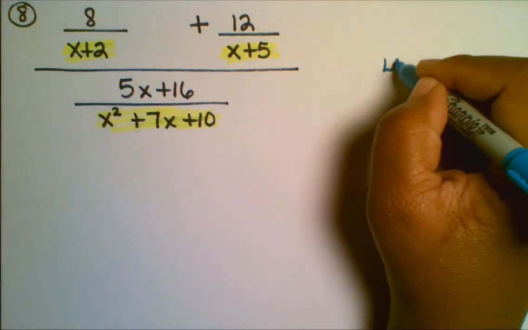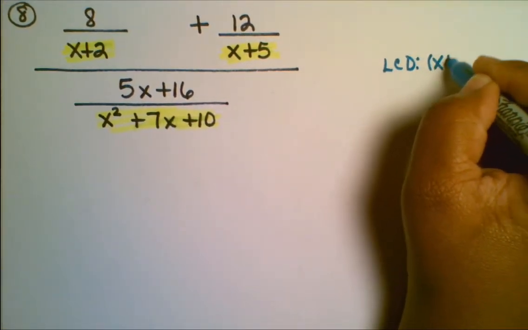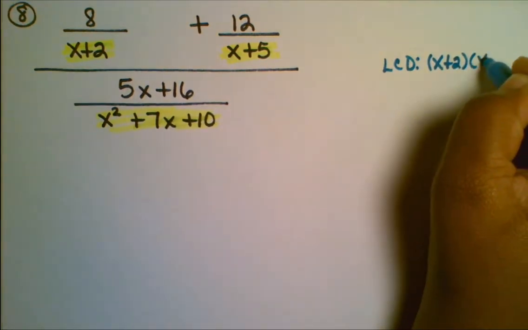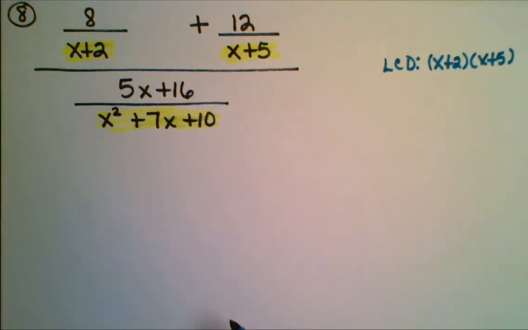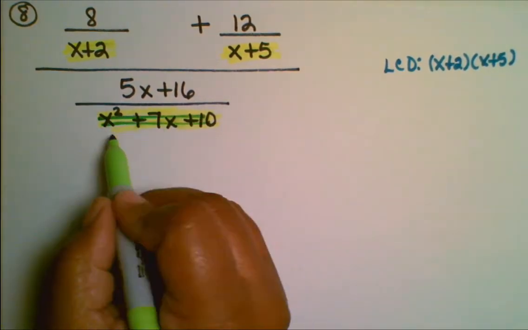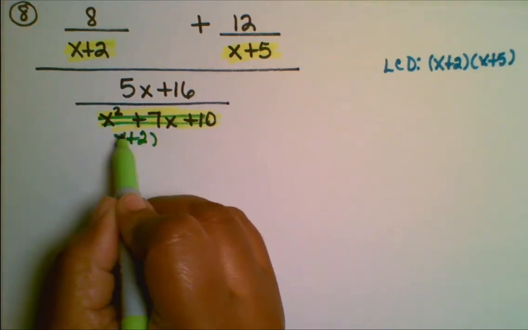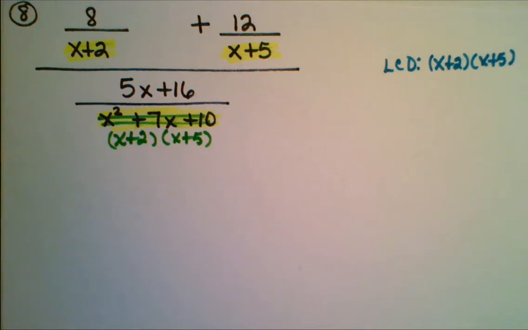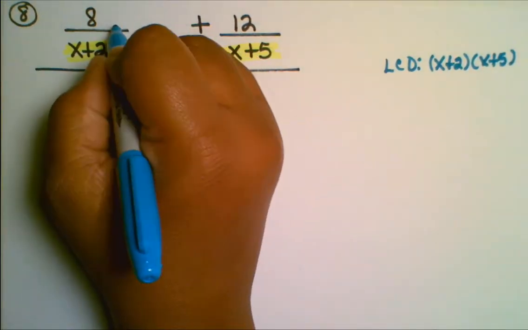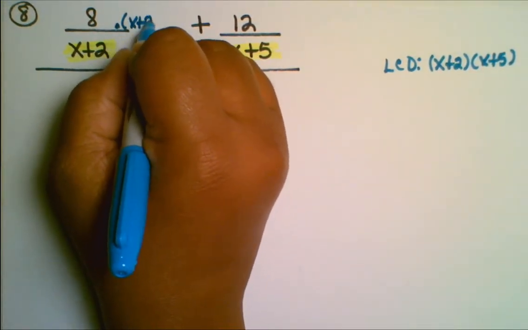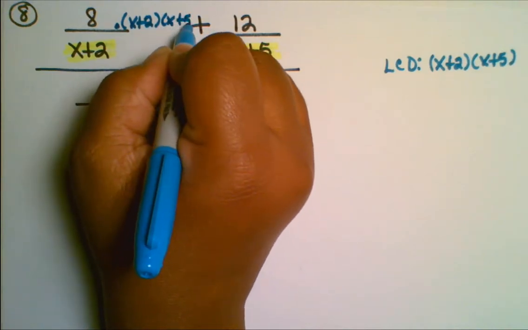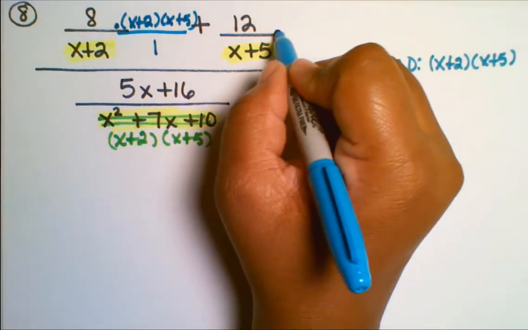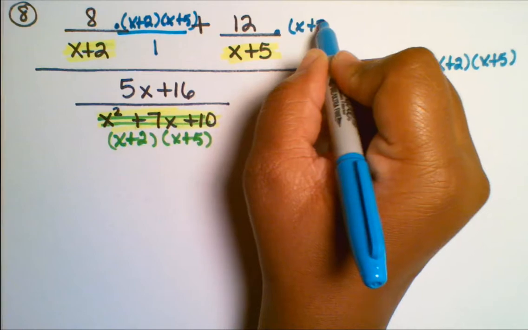Therefore, our LCD is going to be x plus 2 times x plus 5. That's what this denominator is. So what we're going to do is take the LCD, both factors, and multiply it to every term we see in this example.